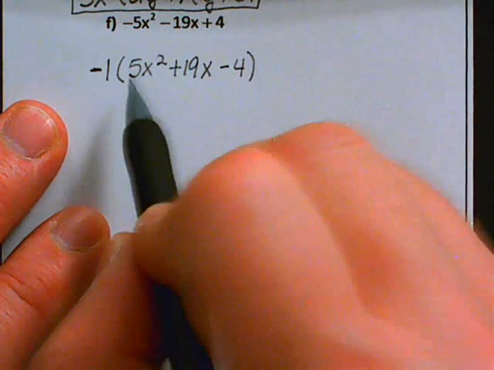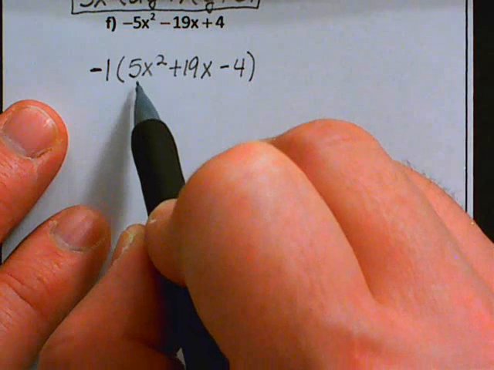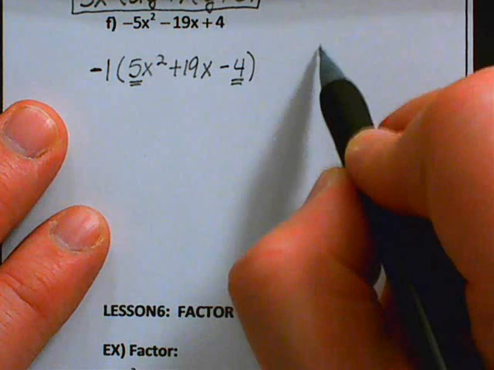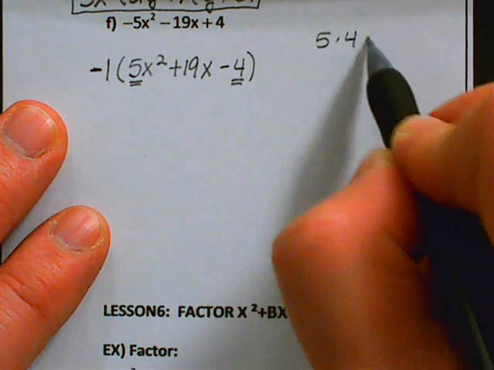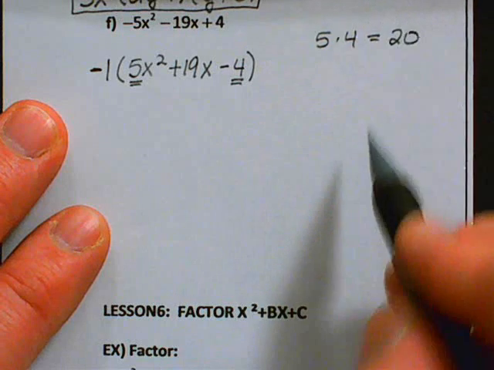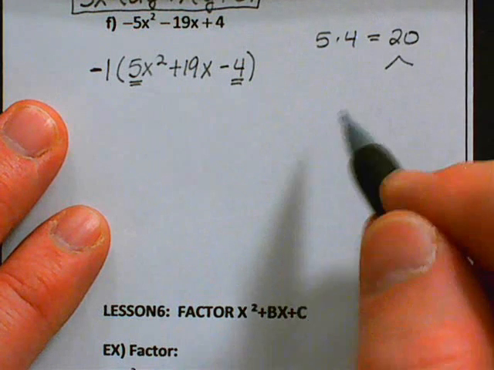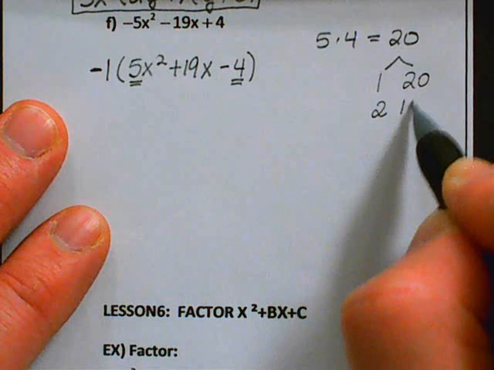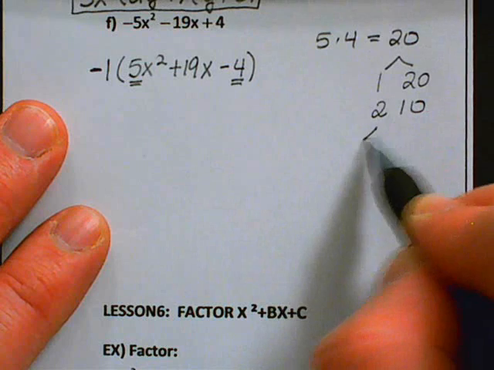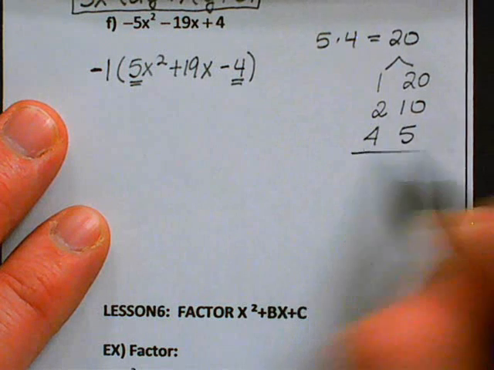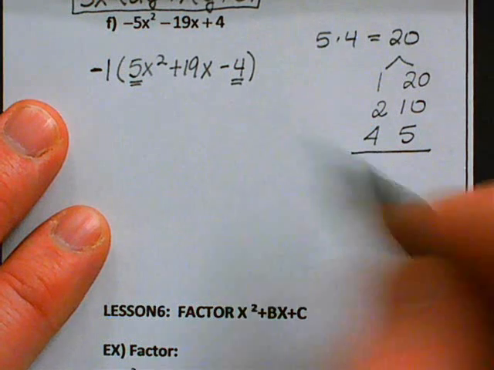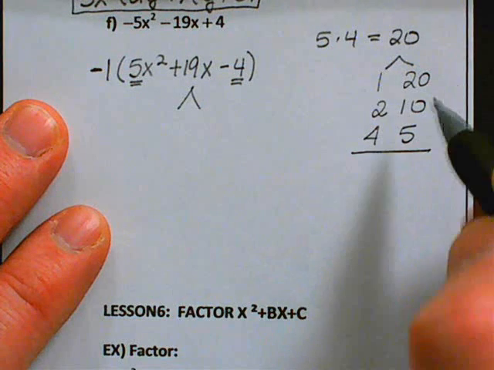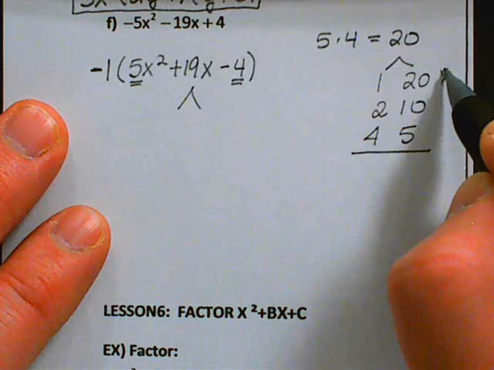And if you notice, now we have what we want, which is a positive at the very beginning, and that way we can apply our process, which is take 5 times 4 here on the side, and then create a list of numbers that give me 20. So 1 and 20, 2 and 10, 3 does not go into it, 4 and 5, and after that comes 5, so we're done with our list. We're looking for something that will give us 19, and in this case it is 1 and 20.